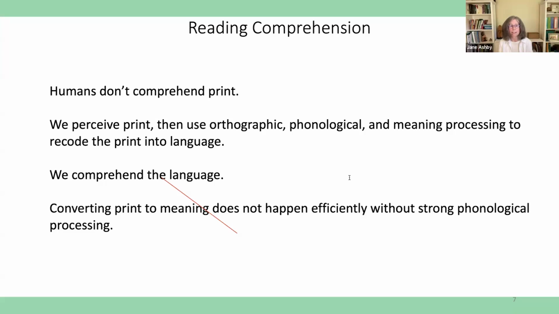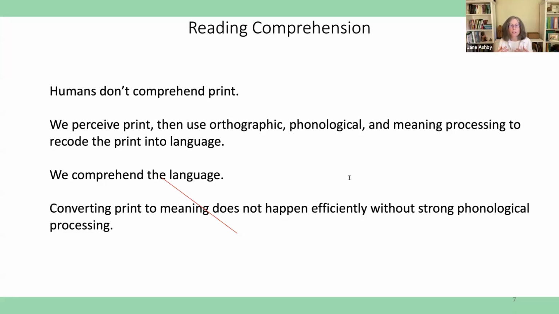And the problem is that humans, the reason why learning to read is so difficult, it's because humans don't comprehend print. We perceive print, but our brains are not wired to process print. Our brains are wired to process language.